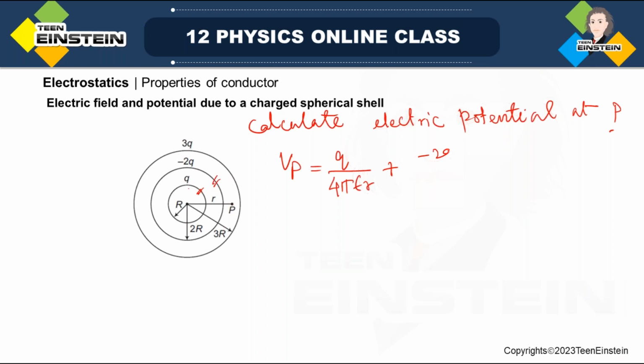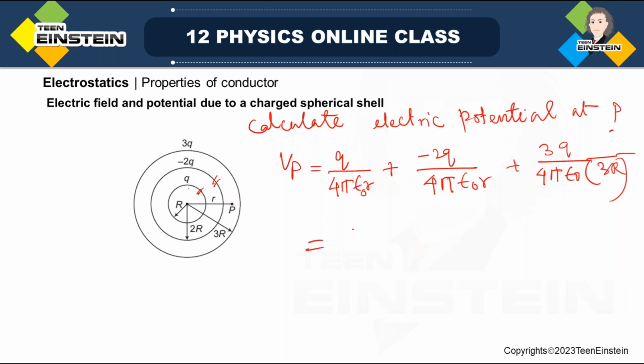This is minus 2Q by 4 pi epsilon naught, and for this also it is an outer point, so I have to write R. What about this one? 3Q. This is an inner point, so I have to write 3Q by 4 pi epsilon naught into 3R, the radius of the shell itself.